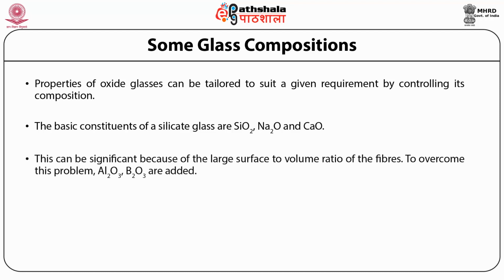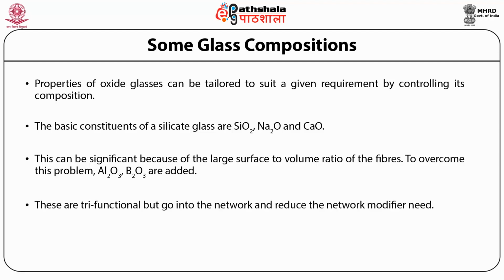This can be significant because of the large surface to volume ratio of the fibers. To overcome this problem, Al2O3 and B2O3 are added. These are trifunctional but go into the network and reduce the need for network modifiers.